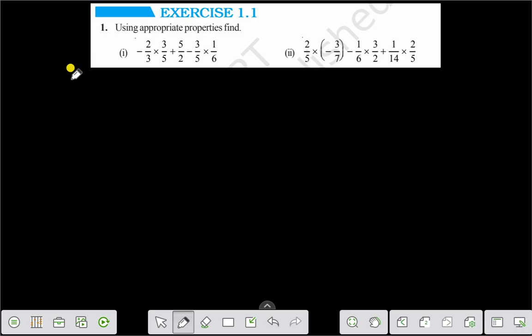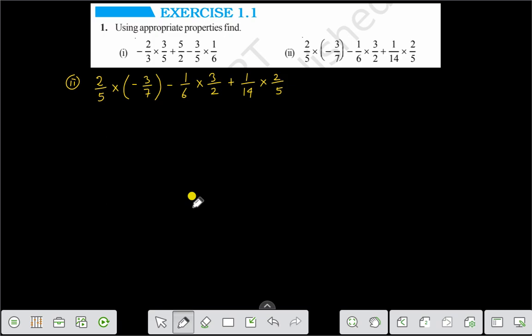Question number 2 here you see is 2 by 5 into minus 3 by 7 minus 1 by 6 into 3 by 2 plus 1 by 14 into 2 by 5.